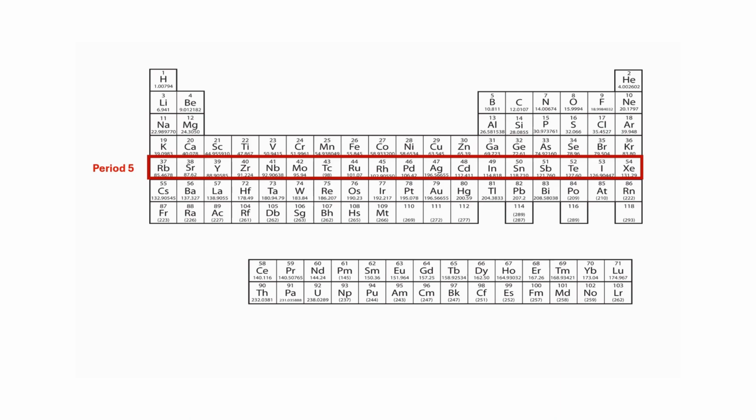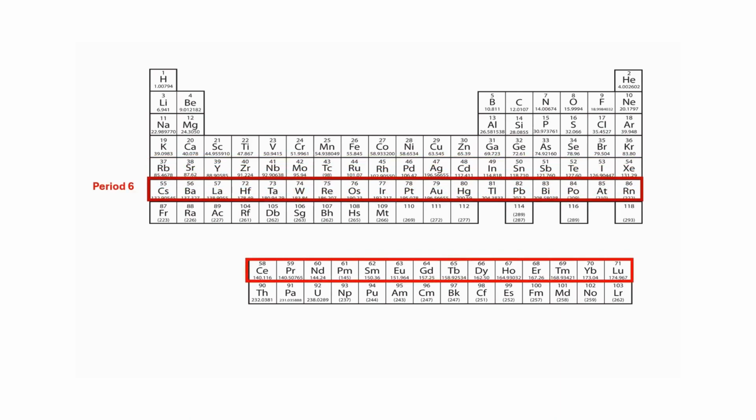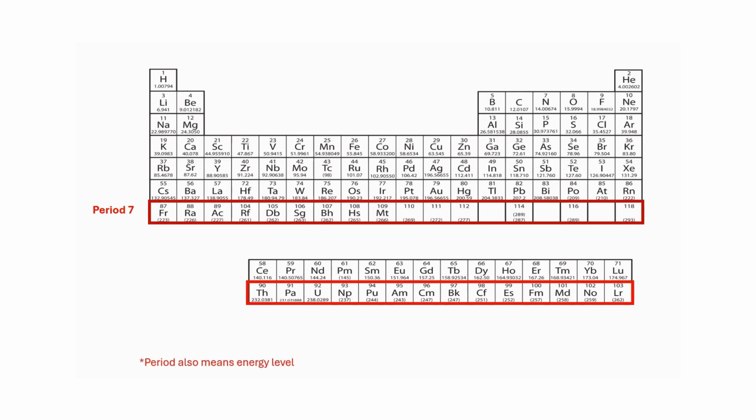Period 5. Period 6. And lastly, we have period 7. So the word period also means energy level. When we go over electron configuration in a later lecture, we'll talk more about the energy level.